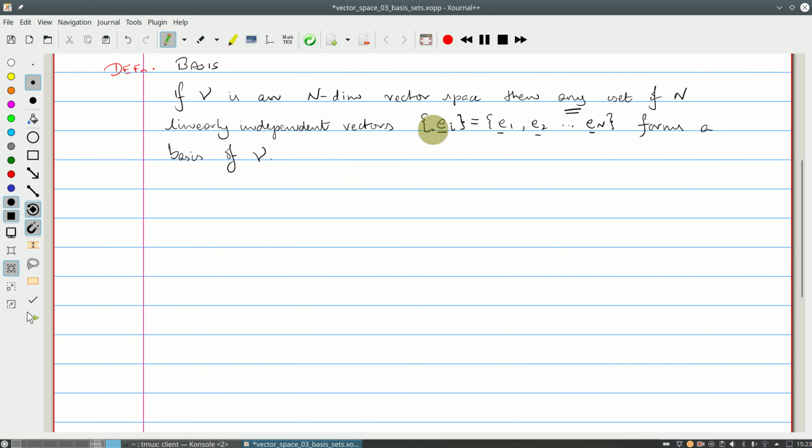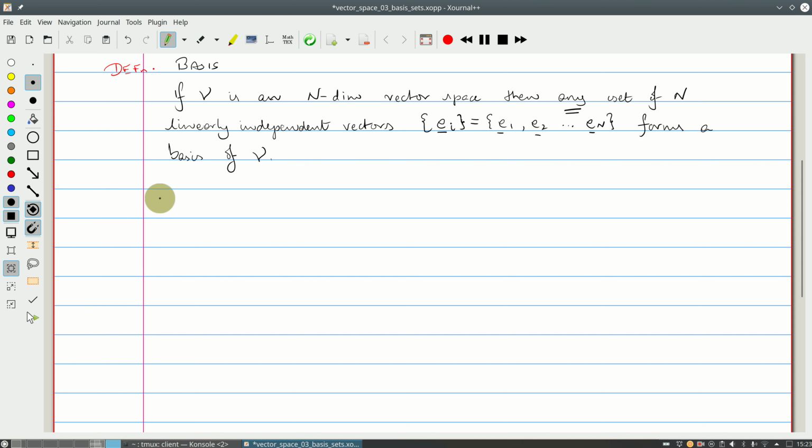I have not mentioned anything about an orthonormal basis or a normalized basis. We haven't even discussed these concepts as yet, although you have an idea of what they are. All I've said here is that if these are n linearly independent vectors in this space, then these vectors can form a basis for the space. All right, that's it.